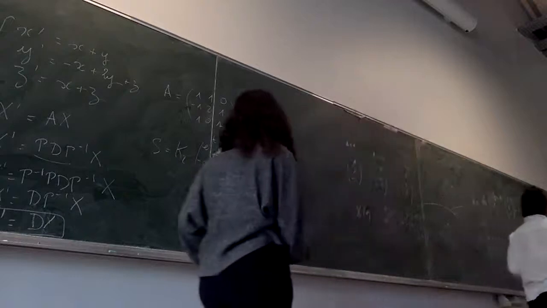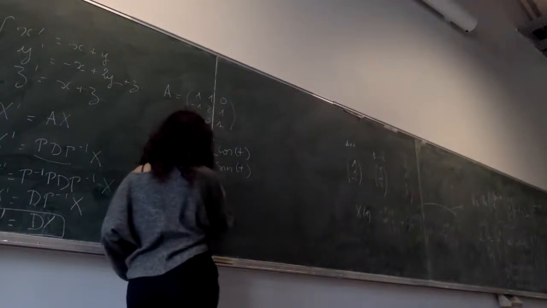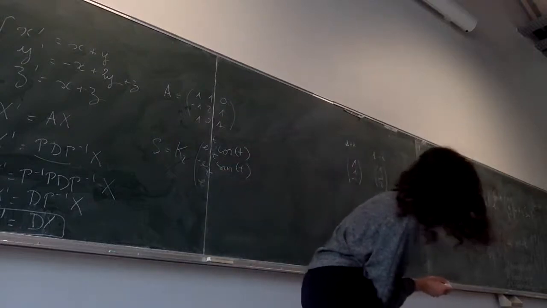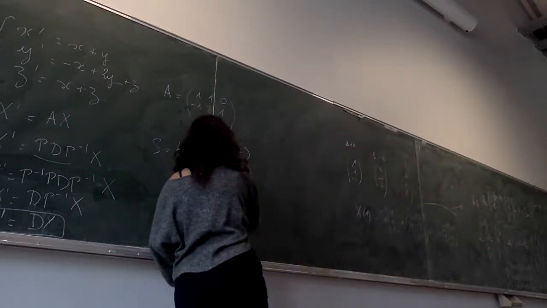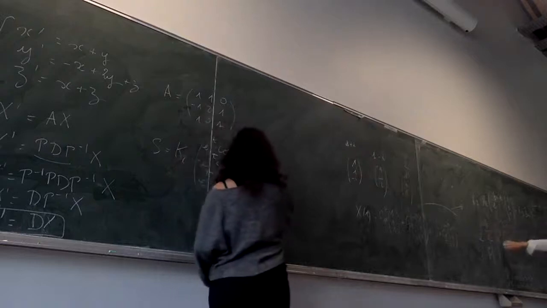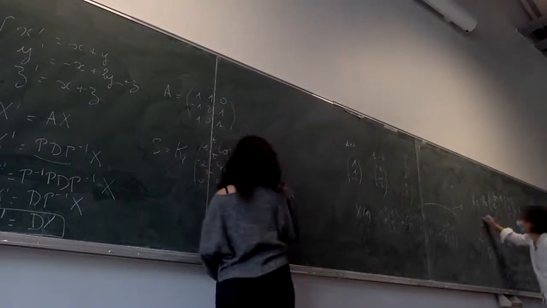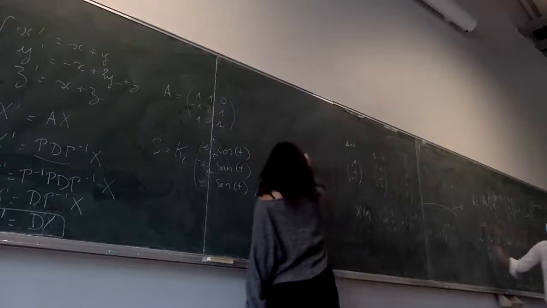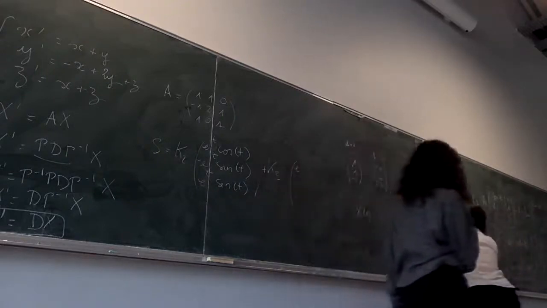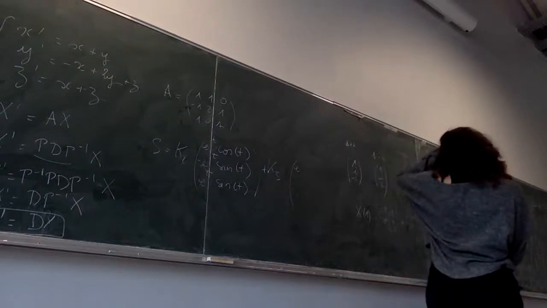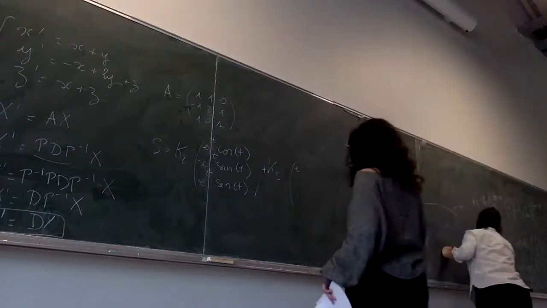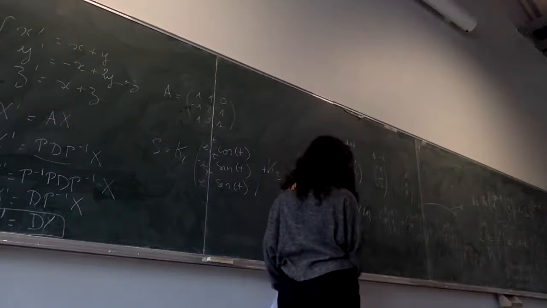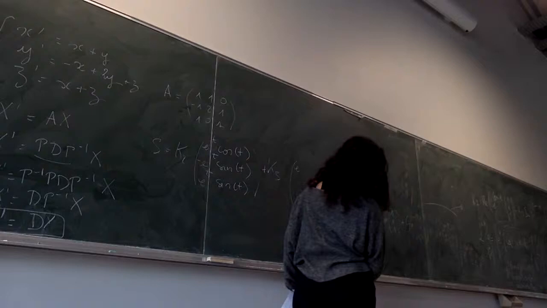Okay. Yes? Where did the 1 plus i go? The 1 plus i here, it was 1 plus i times t. So it was e^t. It's the product of e^t times e^(it), and the e^(it) is expanding into cosine t.